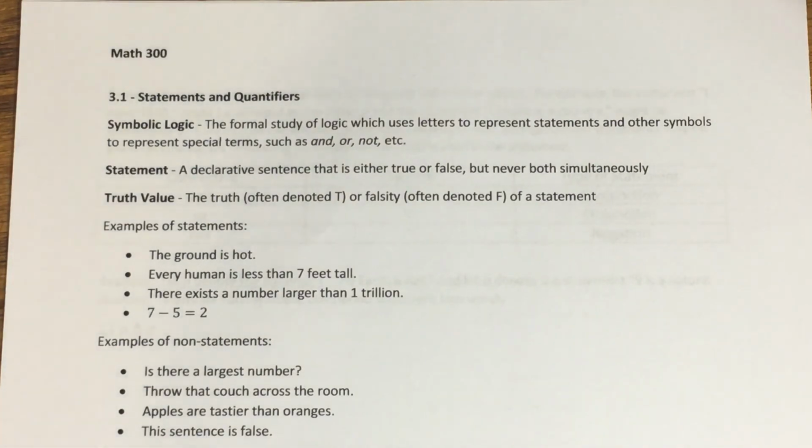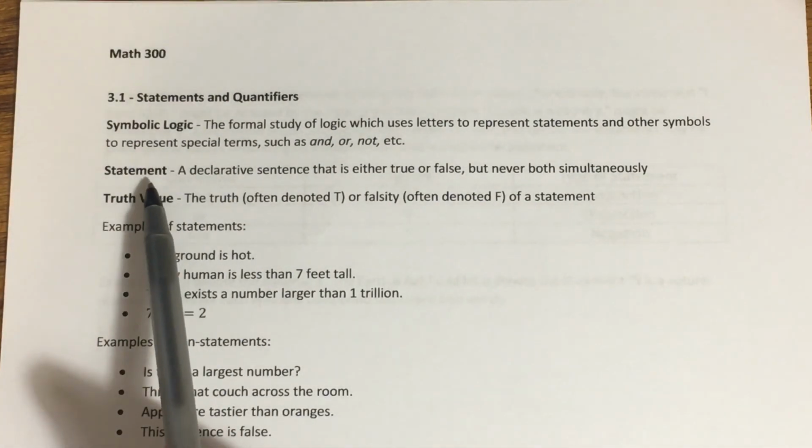Symbolic logic and logic in general is a huge topic, and there are lots of different types of logic, not just the basic propositional logic that we talk about in this chapter. So there's plenty more to research if you're interested.